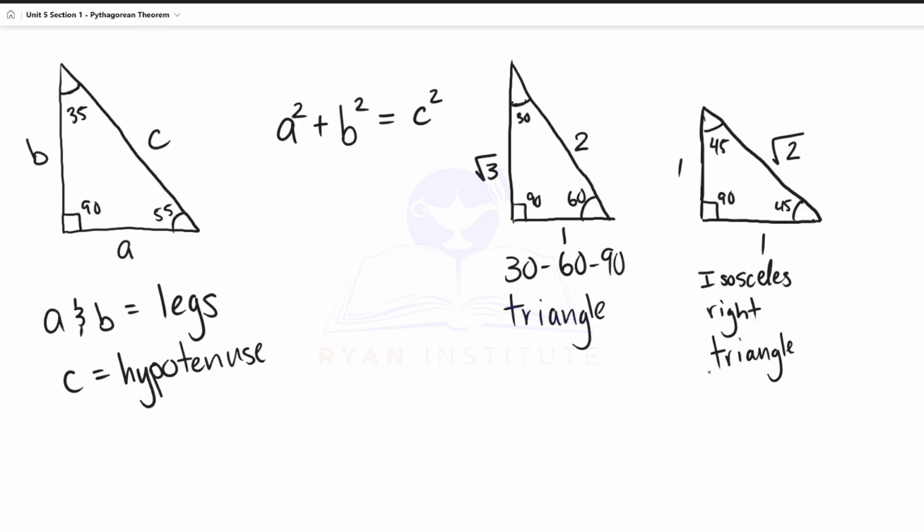Right, and let's just kind of test this Pythagorean theorem equation, right?